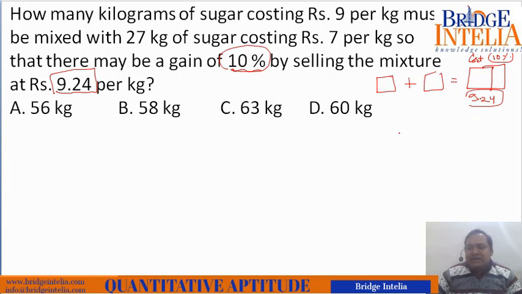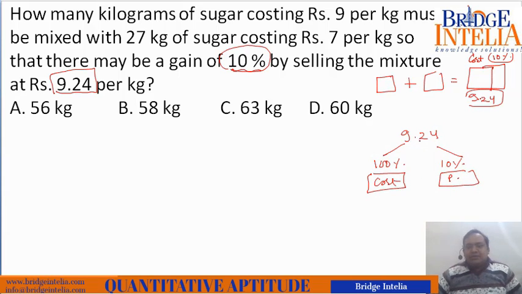So divide 9.24 in this ratio. Ratio of 100 is to 10. This will represent the actual cost, and this will represent the profit he is earning. So in the ratio 10 is to 1. So 9.24 in the ratio 10 is to 1.